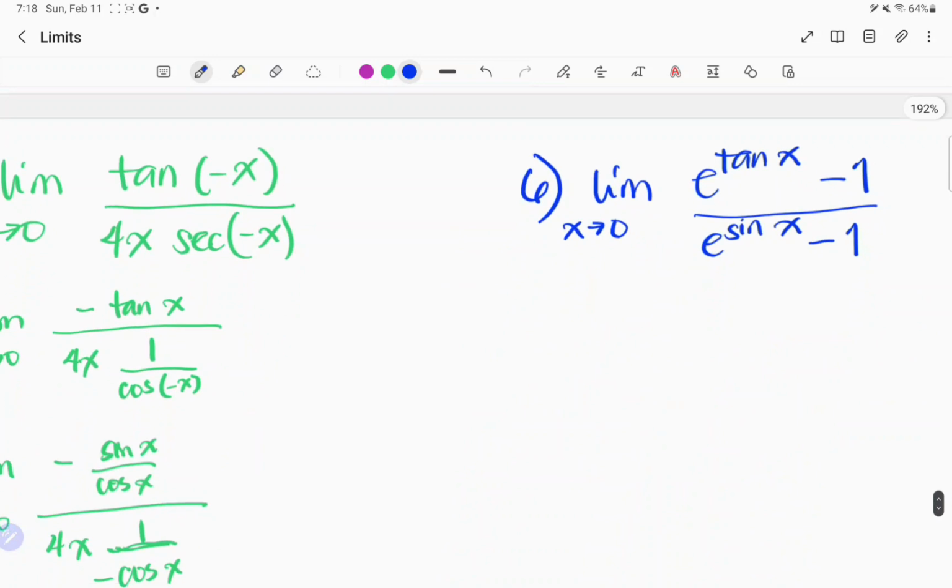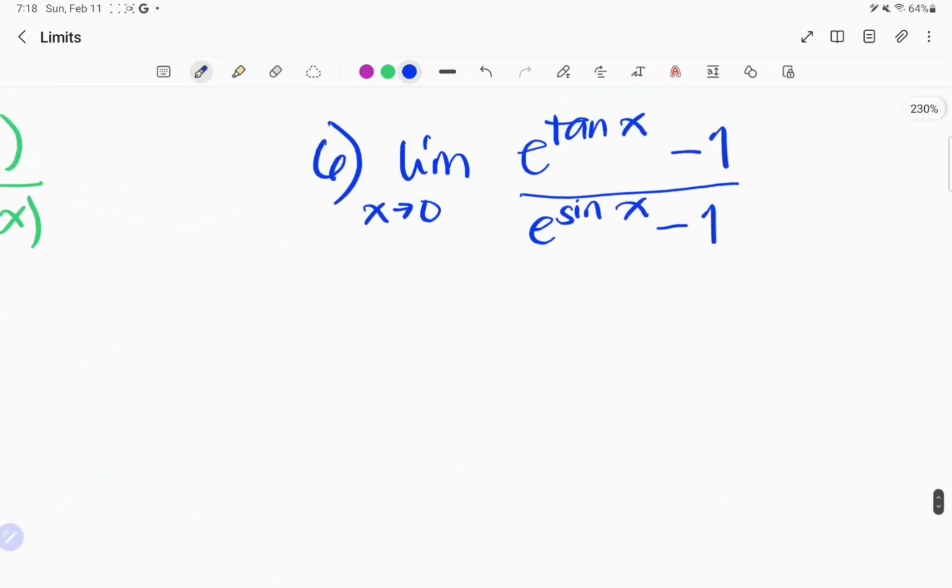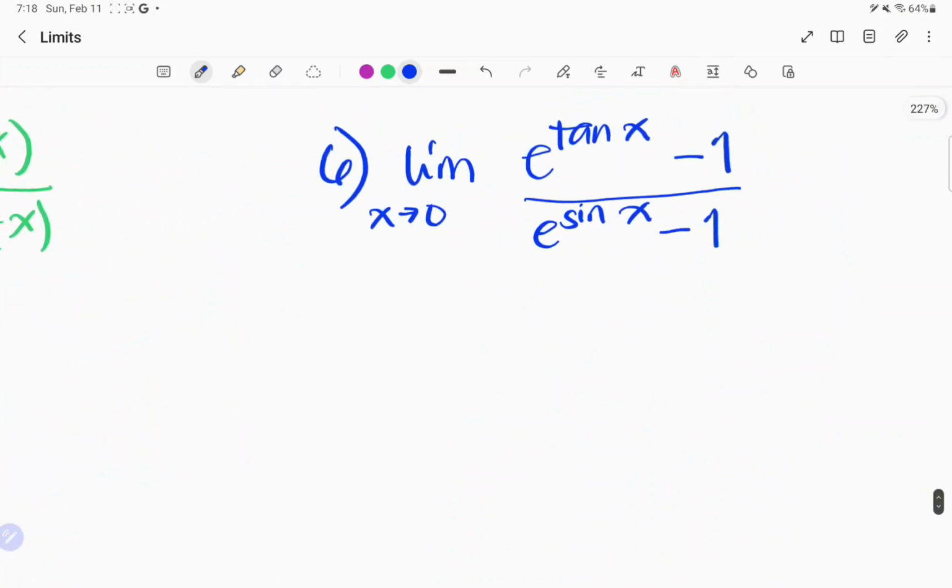So let's apply it here. In this example, we need tangent in the denominator because we have tangent as the exponent of our numerator. Now, in terms of the denominator, we have an exponent of sine x, so we have to produce sine x in the numerator.